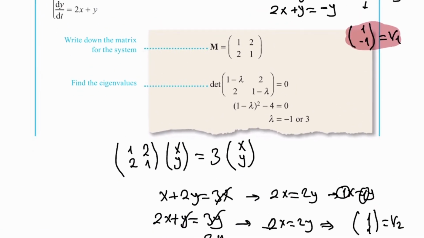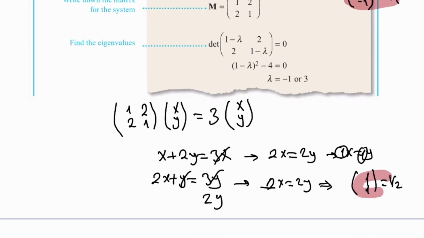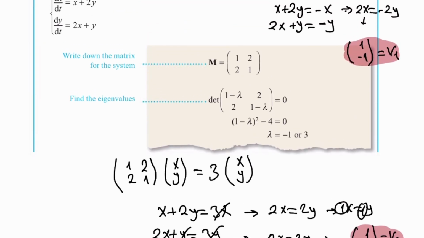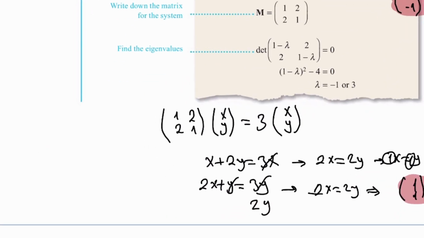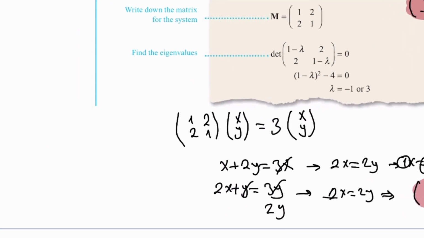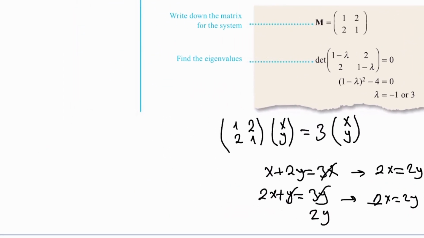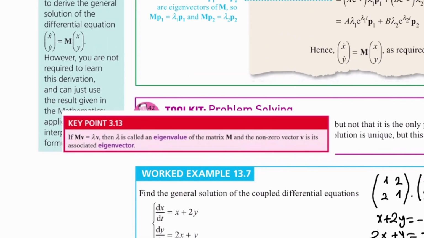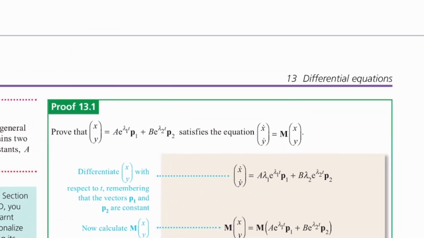Now, how can I write the general solution? I know eigenvectors and I know eigenvalues, so I'm going to write the general solution by looking at the formula here.